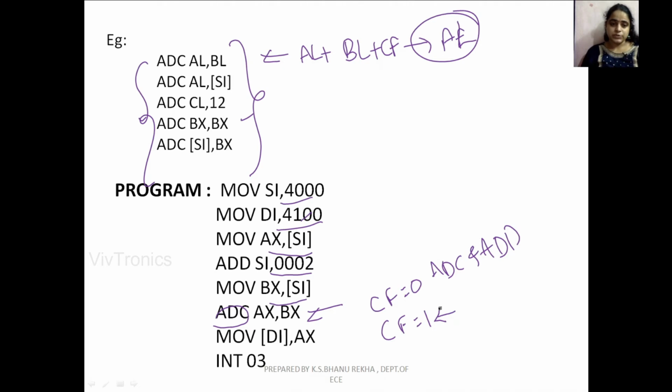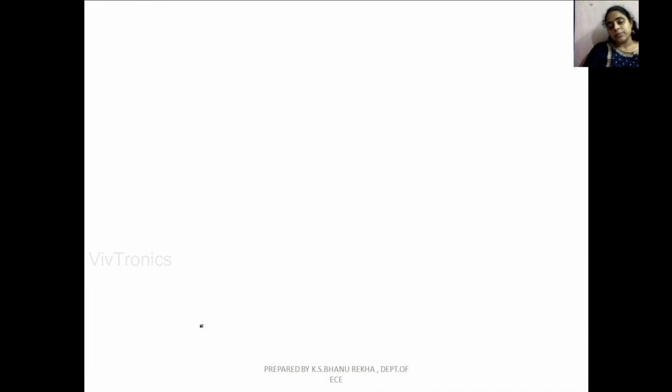So there I will explain this ADC also. If the carry flag status is equal to 1, then ADC adds AX plus BX plus carry flag status. Okay, and move content of DI comma AX, it sends the result to the content of DI and then INT 03. Okay, so this is about the ADC instruction.